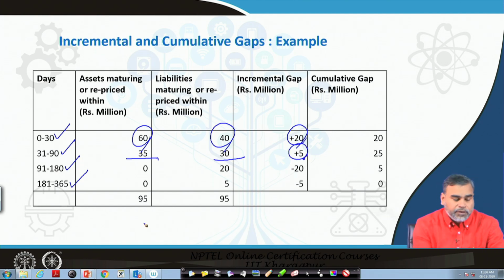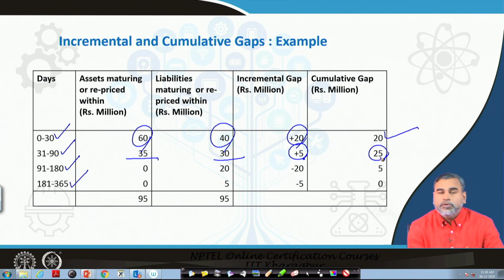So, cumulatively, if you consider 0 to 30 days as well as 31 to 90 days, then your cumulative gap becomes 25. Previously it started with 20, then it became 25. Then if you add 91 to 180 days, let there be no asset, but a liability of 20 million, then your incremental gap will be 0 minus 20, that is minus 20.